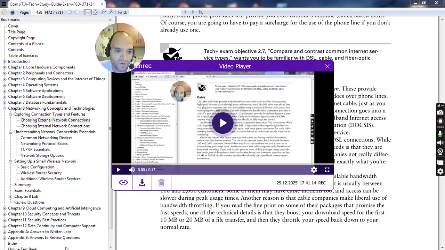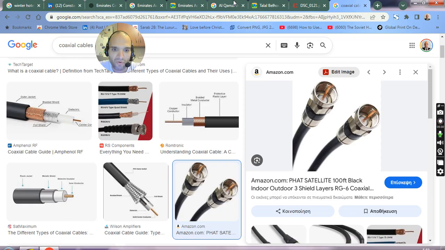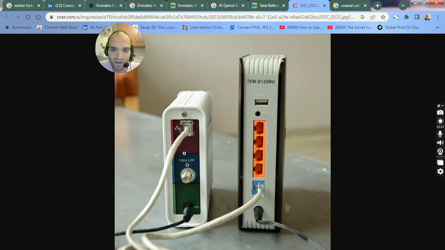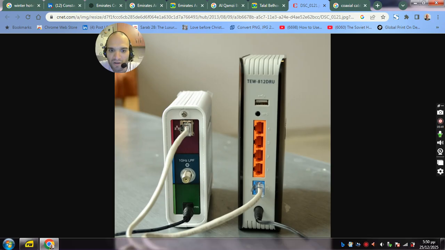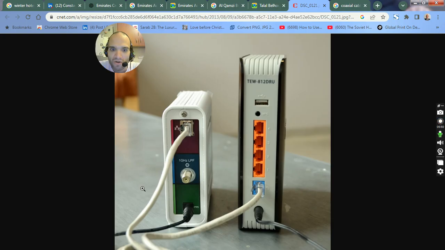You are not going to connect directly your PC with a TV jack with this specific connector.